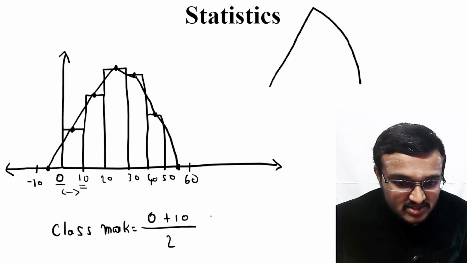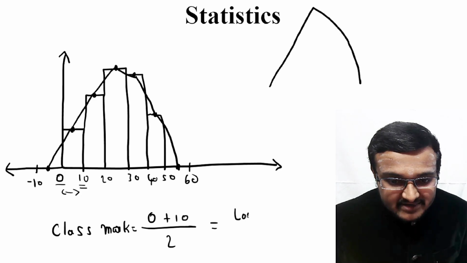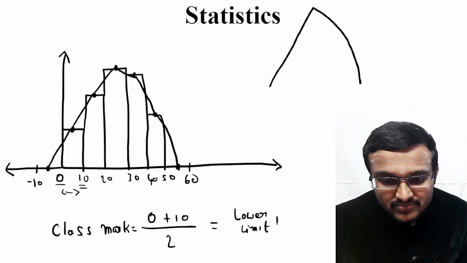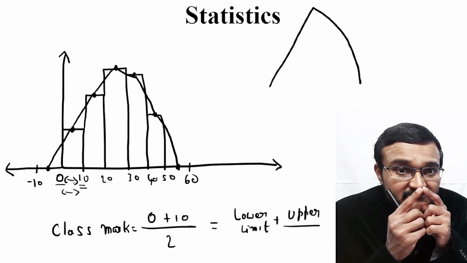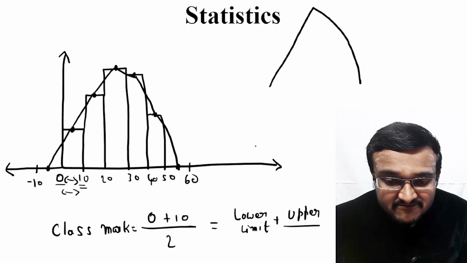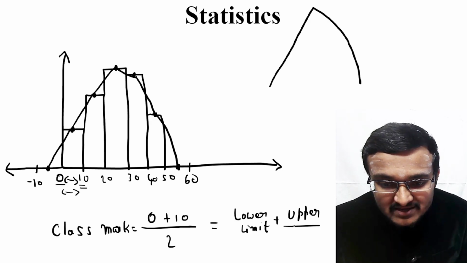So here I am taking the lower limit in the first range plus the upper limit in the same first range. So this 0 to 10 acts as the first range for me. In that first range, lower limit plus upper limit.